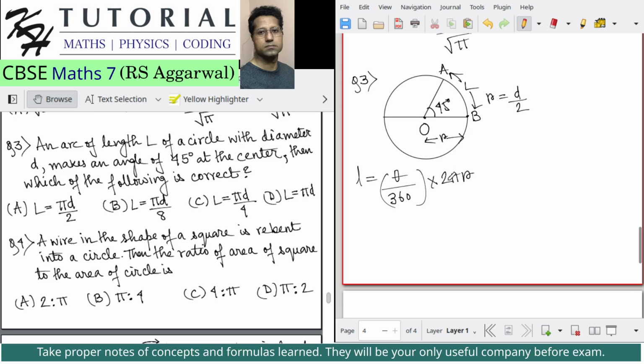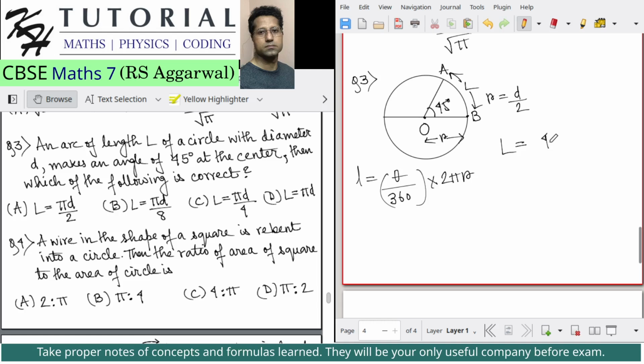This is the formula that connects the length of an arc small l, which makes an angle theta degree at the center of a circle, and the circle is having a radius small r. So in this formula, if we put the given values, we are given the length of the arc is capital L. So we have capital L is equal to, theta is 45 degree.